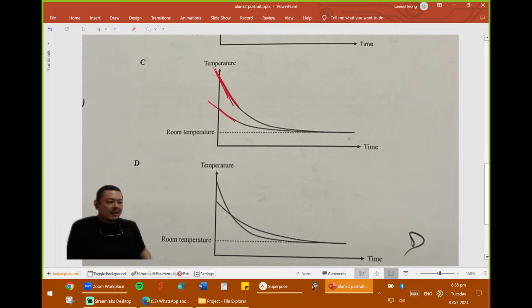As in, it's like you're asking me to compare between 90 degrees Celsius water versus 50 degrees Celsius water in the room. How do I know which one will cool down faster to room temperature? And I would think that 90 degrees Celsius water, it's hotter. Generally, hotter objects will take longer to reach room temperature.